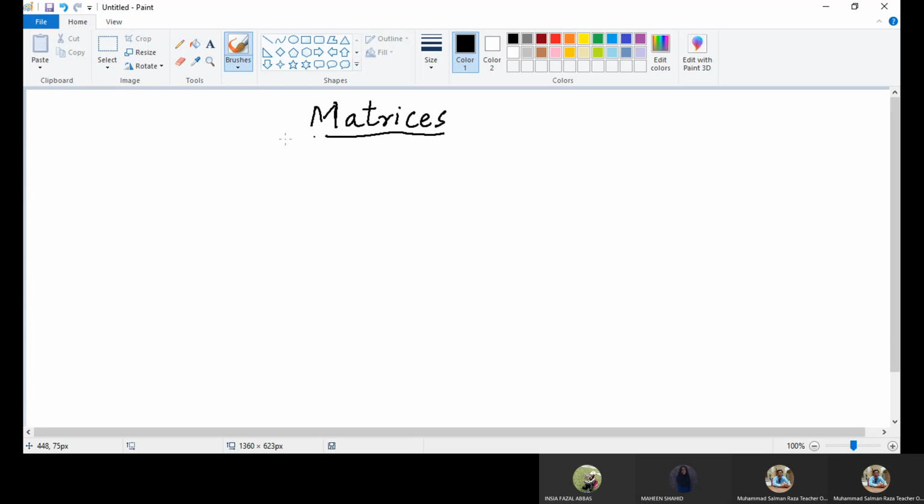So basically, if I write 2, 3, and 5 in the smaller brackets, then this is known to be a row matrix. If the sequence is written in this way, 1, 3, and 5, then this is going to be a column matrix.